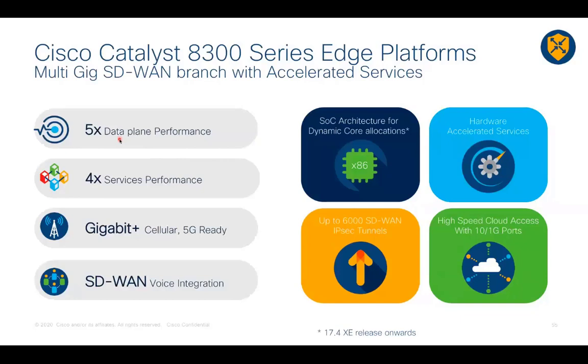And how can this happen? It is because of the introduction of new component into the hardware architecture, which is basically the quick assist technology, as well as the data plane development kit, which we call DPDK, and that is embedded into the hardware to boost the performance on these new 8300 series platforms.